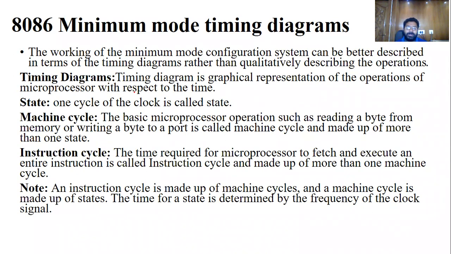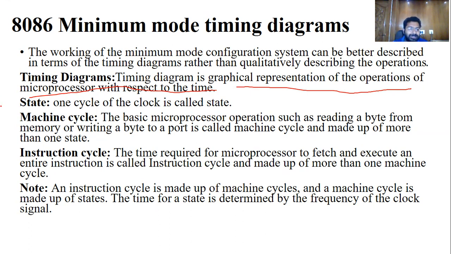A timing diagram is a graphical representation of the operation of the microprocessor with respect to time. It shows graphically how the microprocessor performs a read operation or a write operation, so you can call it a timing diagram.